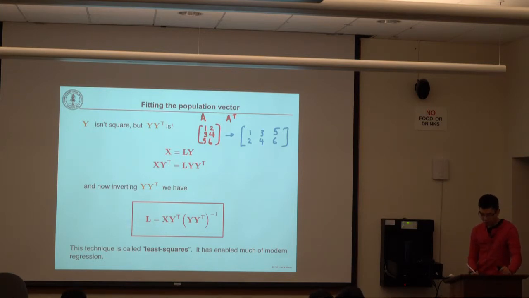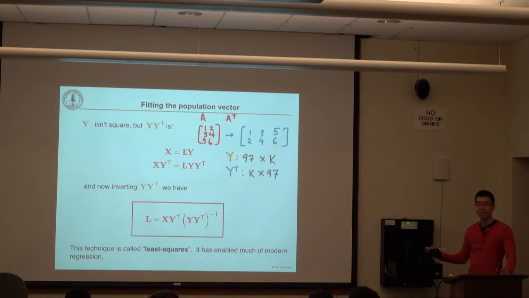And so if we have Y, and it's a 97 by k matrix, when we take Y transpose, that'll turn out to be a k by 97 matrix.